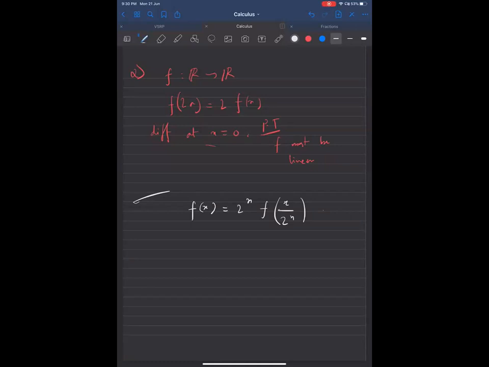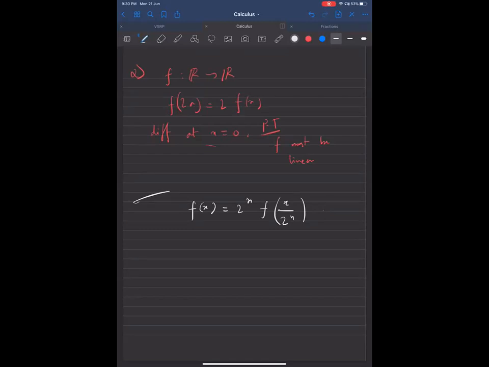Then we apply L'Hopital's rule. Then we will get f dash of x by 2 to the power n, and we can frame it like f of x by 2 to the power n over 1 by 2 to the power n.